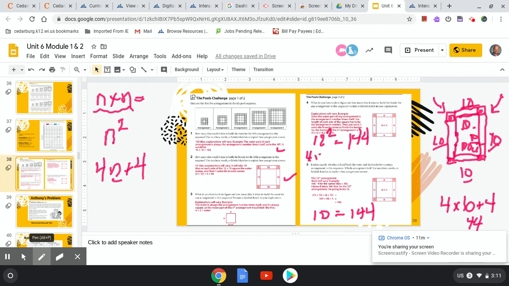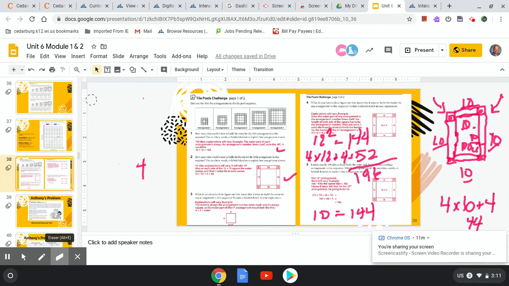So 4 times 12, which is 48, plus 4, which is 52. And then we added 52, and we got 196. But this one is all trial and error. So you just had to do your best with guessing, knowing that the 10 was what it was, so that we could start relatively close, because 10 was 144 and we only had to get to 196.